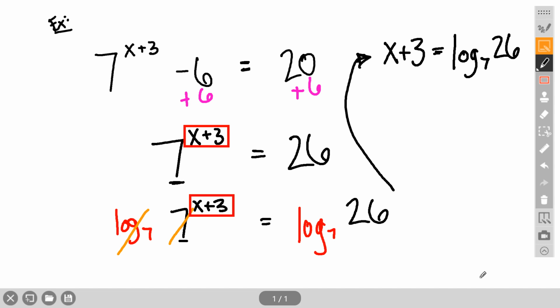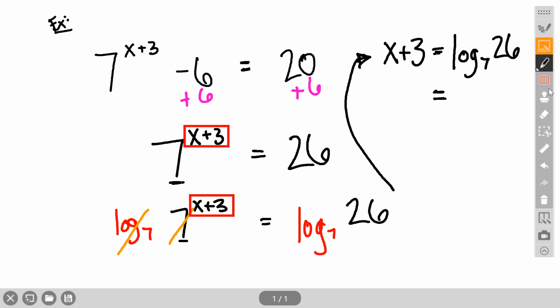Now, unfortunately, we're not solved for x just yet because it says x plus 3. However, before we go any further, it's going to be useful to get a number for log base 7 of 26. So let's go ahead and get a number for log base 7 of 26.